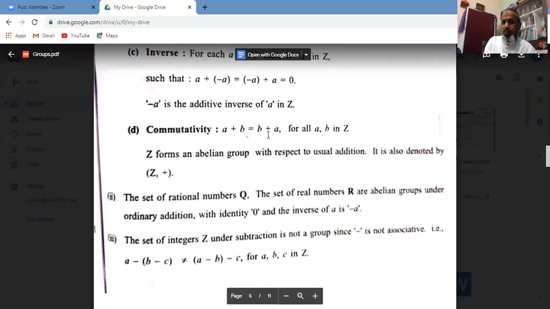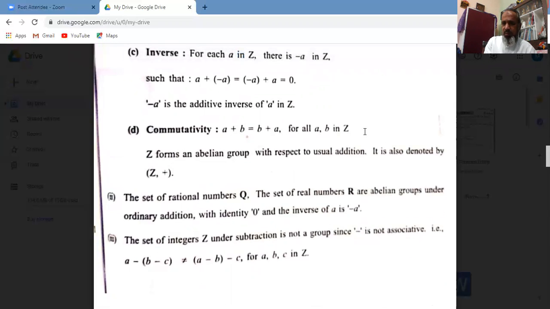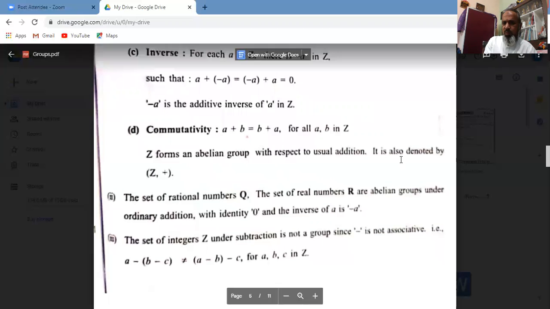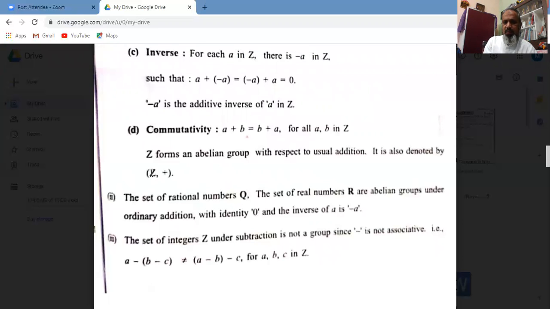A plus B must be equal to B plus A for all A comma B belongs to Z. So we see that for two integers A and B, the sum A plus B is the same as B plus A. So Z forms an abelian group with respect to usual addition. It is also denoted by Z comma plus. So this is the structure: Z is the non-empty set of integers and the binary operation is addition. So Z comma plus is an abelian group with respect to addition.